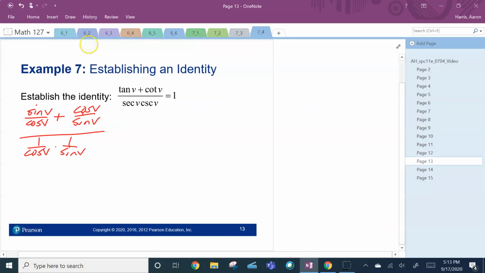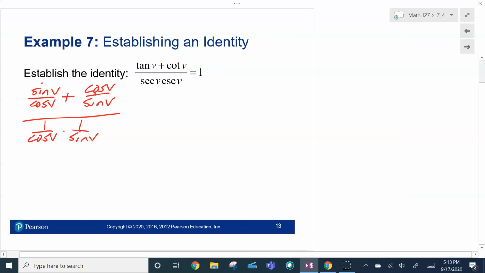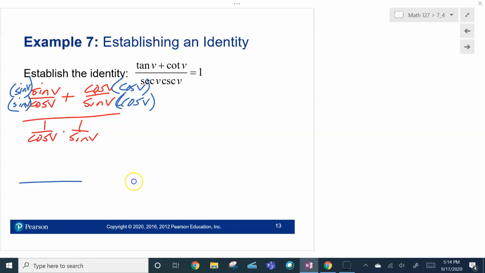See that plus up there in the numerator, so we got to get a common denominator. So give this one a cosine. Give this one a sine. And then notice on the bottom we've just got that it's being multiplied, right? So our denominator is just 1 over sine v cosine v.